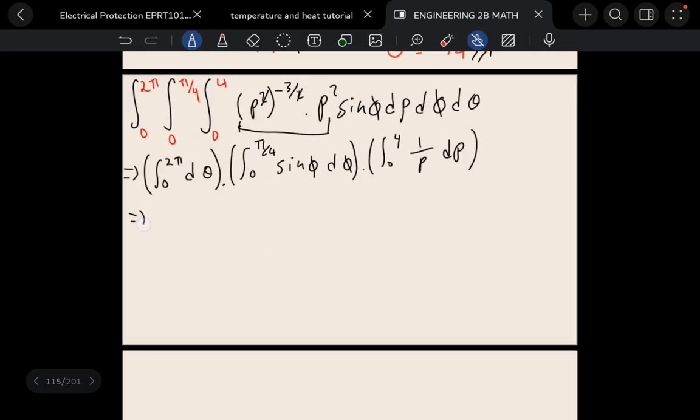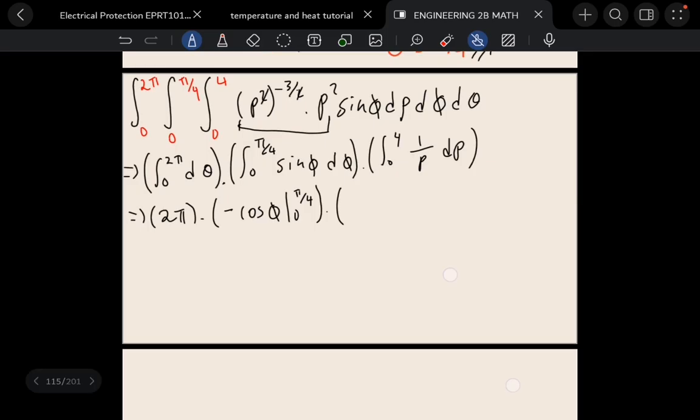Now calculating this, I'm going to have 2 pi times negative cos phi between 0 and pi over 4, times ln rho between 0 and 4.